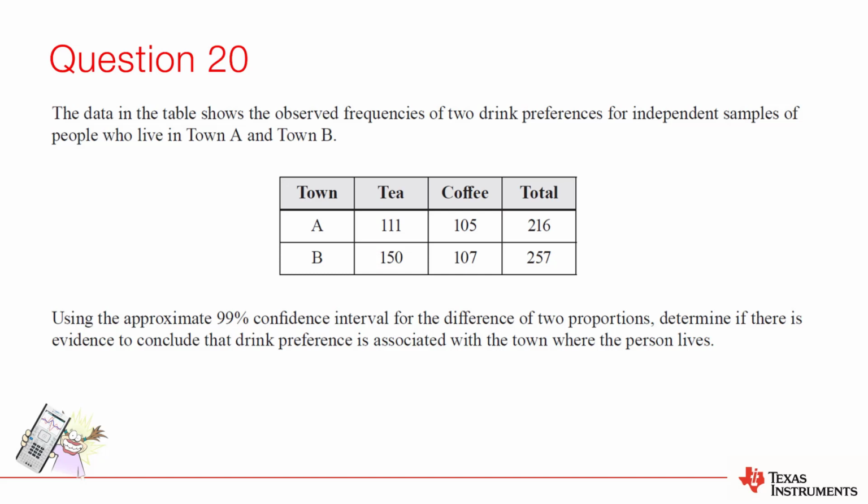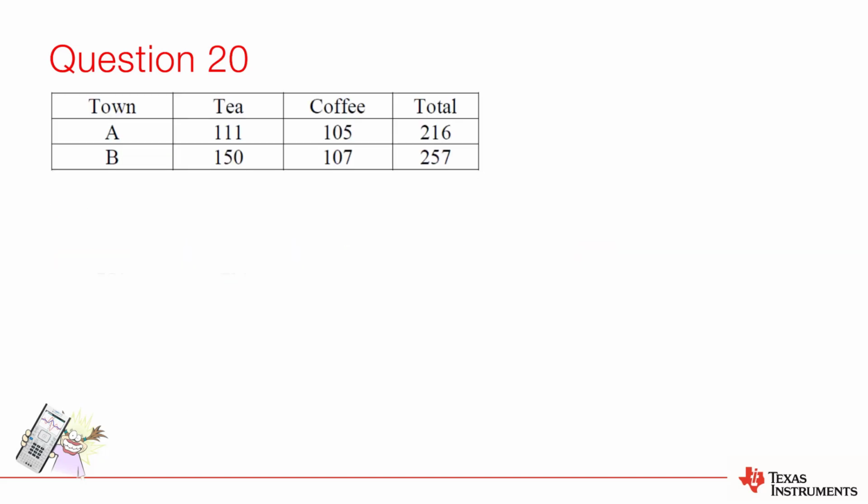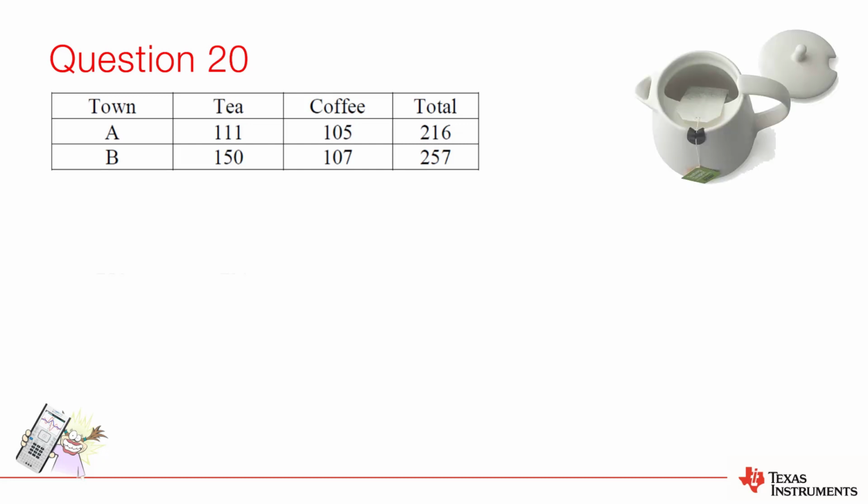Okay, so what's going on here? Well, let's just have a look at this. For town A, let's just look at T. There are 111 people out of a total of 216, so P1 hat will be 111 over 216.